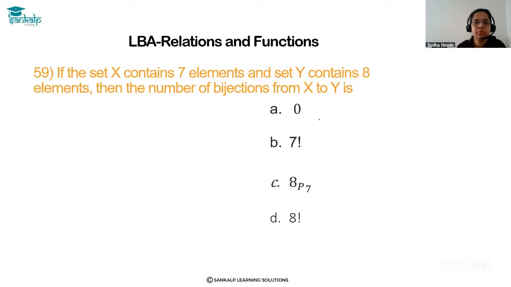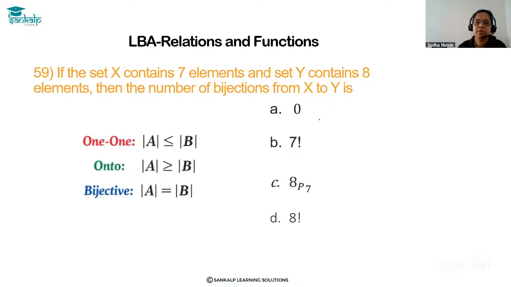Hello everyone. The question is, if the set X contains 7 elements and Y contains 8 elements, then the number of bijections from X to Y is. So you have done one similar question.